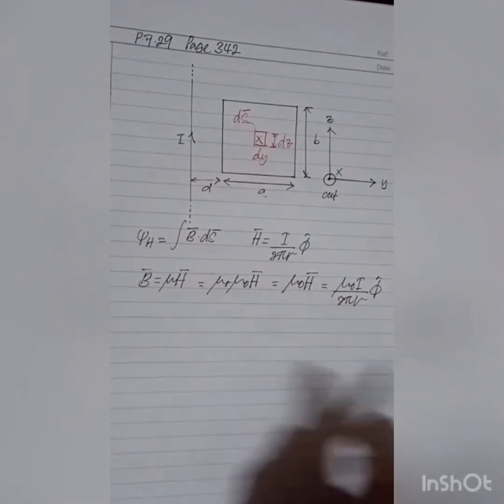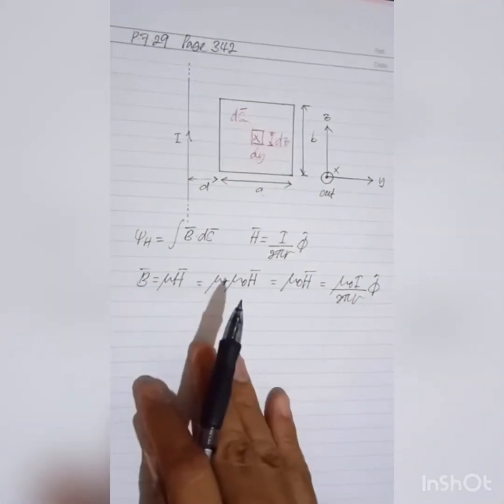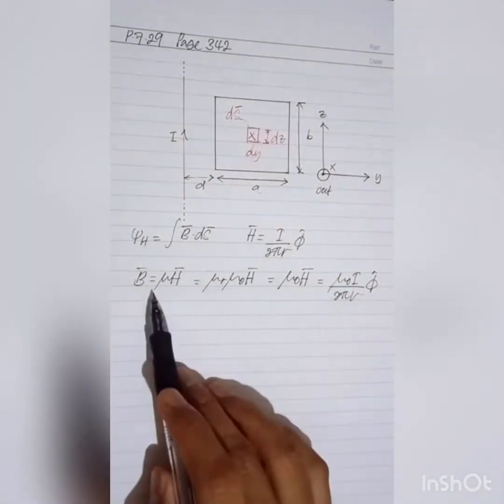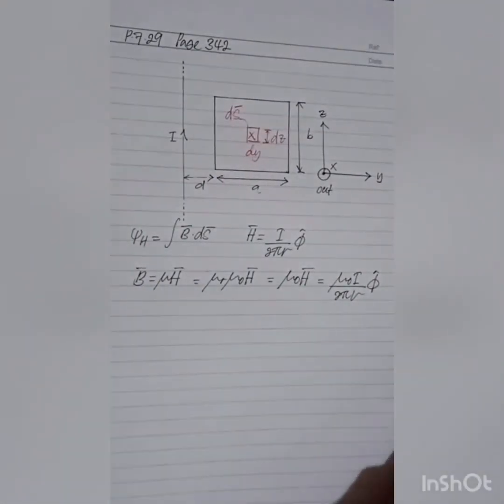Bear in mind that this B flows along the phi direction, so it exists everywhere around the full 2 pi region, the full circular area.